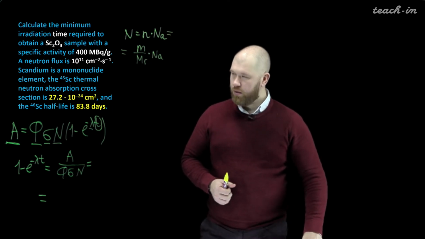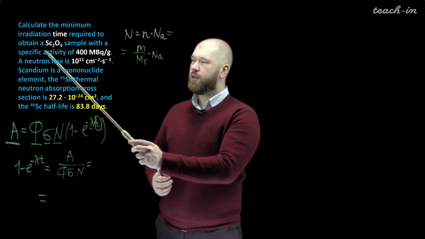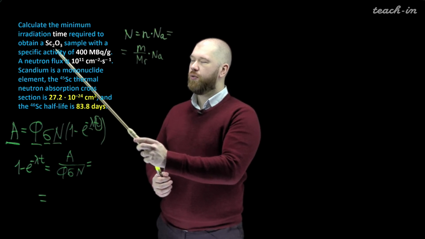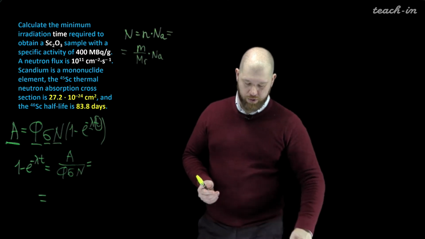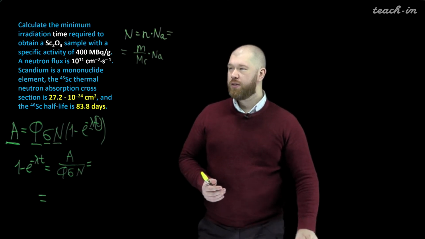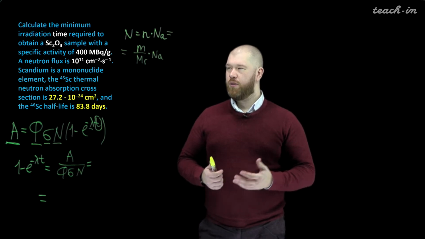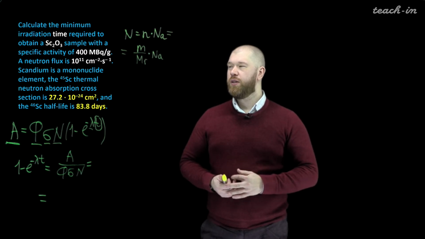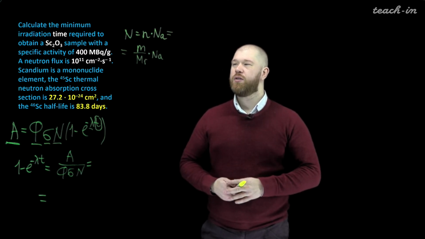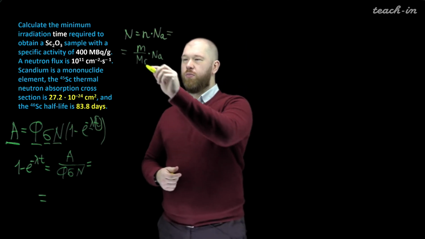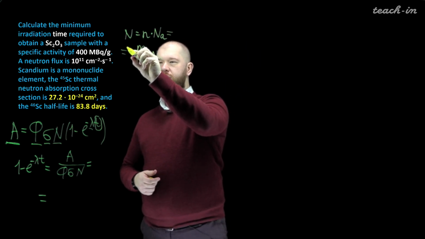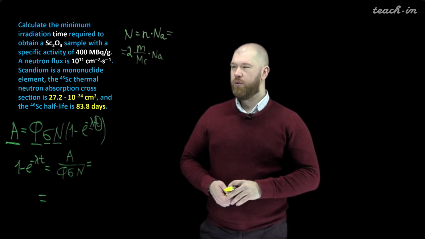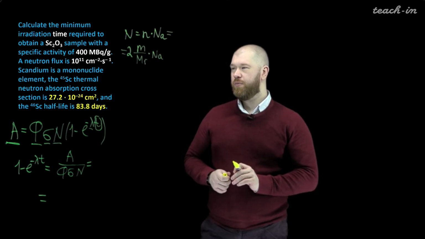If we look at the formula for our scandium oxide, we will see that it is 2 atoms of scandium per 1 unit of scandium oxide. That means that the number of scandium atoms will be twice higher than the amount of scandium oxide molecules or units, and that means that we should multiply our expression by 2. And then we will get the number of scandium atoms.